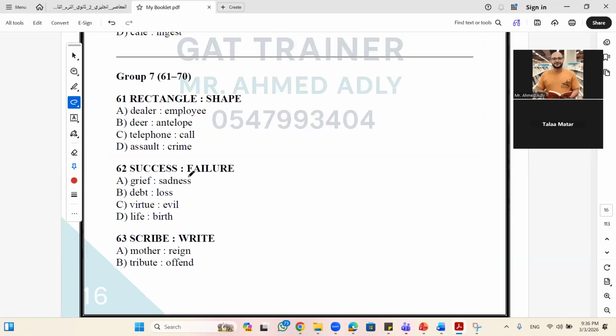Question group number 7, rectangle and shape. Am I coming through okay? Is it deer and antelope?